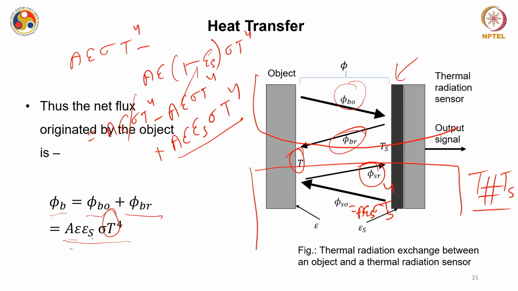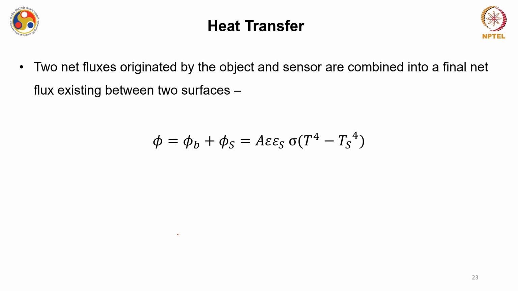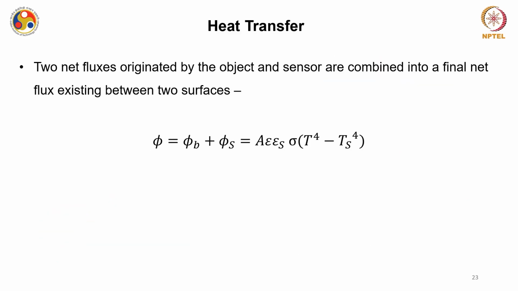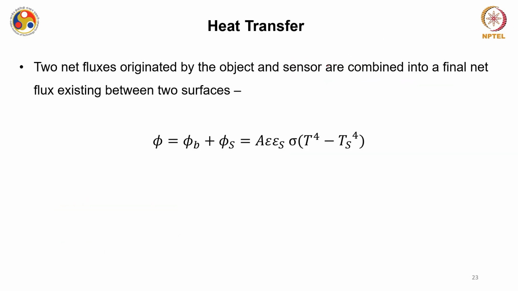The object was at T, so in this equation it was T, and the sensor is at Ts. Please mind this subscript S, which is the temperature of the sensor. So this phi S will be equal to minus A epsilon S sigma Ts to the power 4. Please note that I am already taking the negative sign into consideration. The two net fluxes originated by the object and the sensor are combined into the final net flux existing between the two surfaces, denoted by phi.